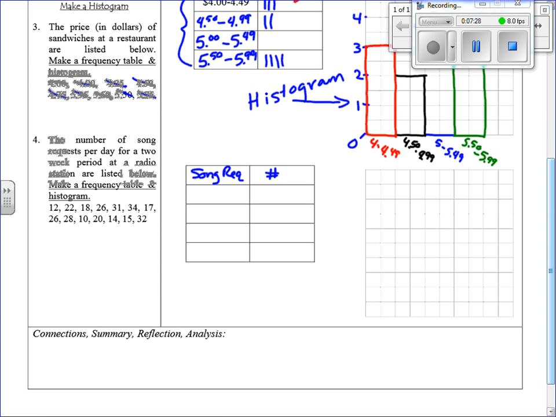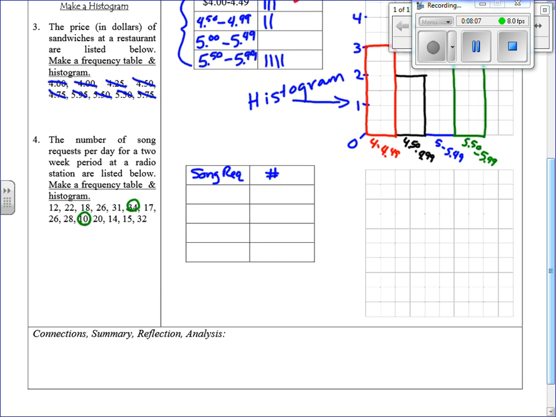Okay, so let's see here. It seems like our smallest number is 10, and our largest number is going to be, you probably saw, 34. So I could say 10 to 15, or 10 to 14, 15, 10 to 15, 14 to 20, 20, 10 to 14 to 29.